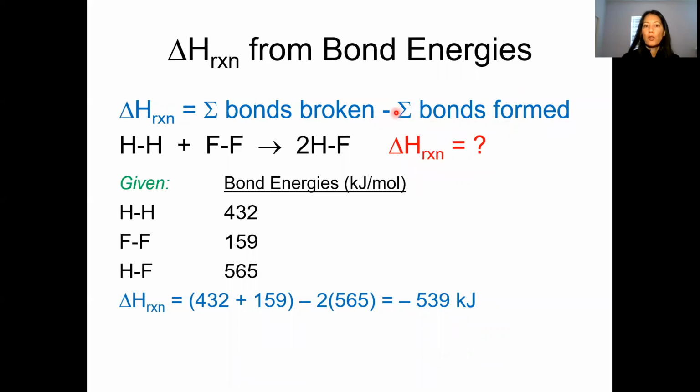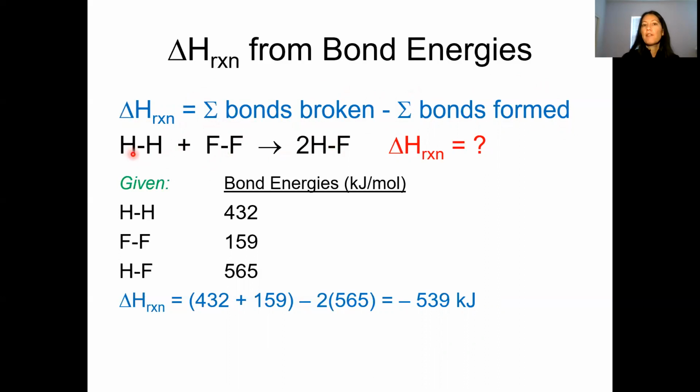That's why you're going to see we have a negative sign in our equation to calculate this. You can calculate enthalpy of reaction, ΔHrxn, by just taking the sum of all the bonds broken minus the sum of all the bonds formed. So be very careful. You do have to pay attention to how many bonds are broken.